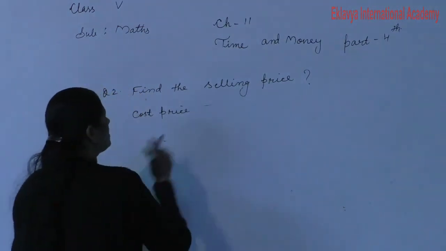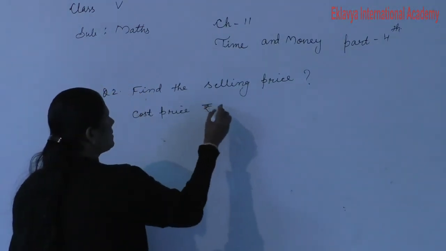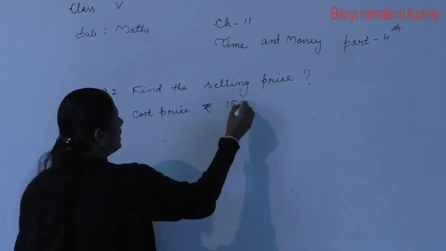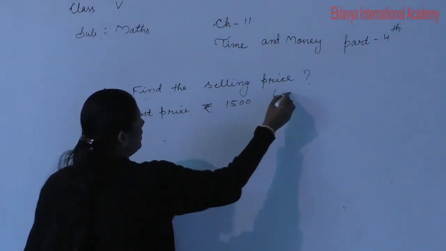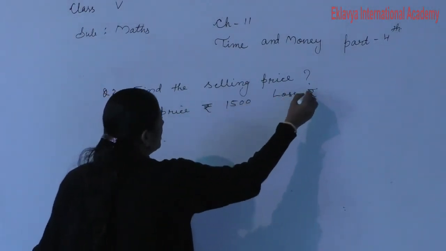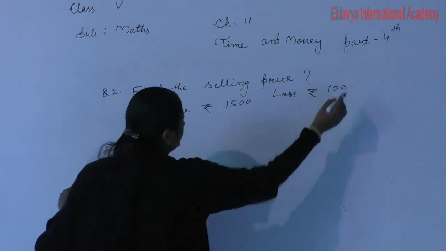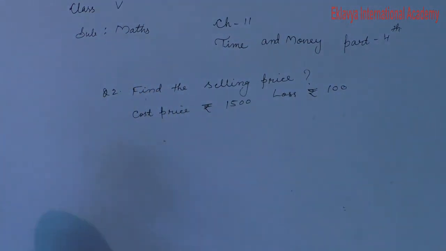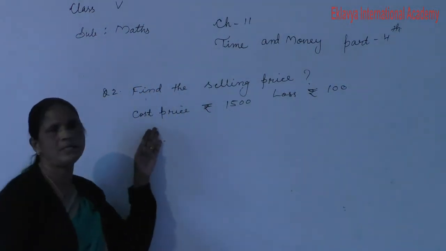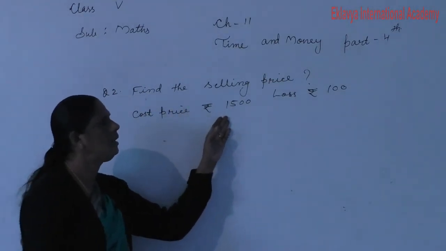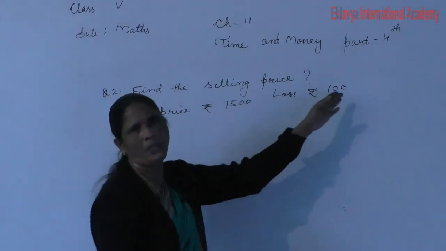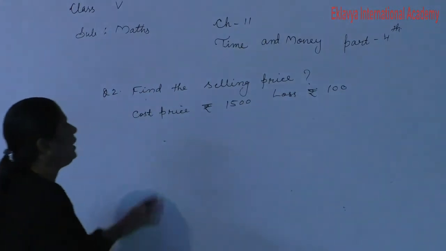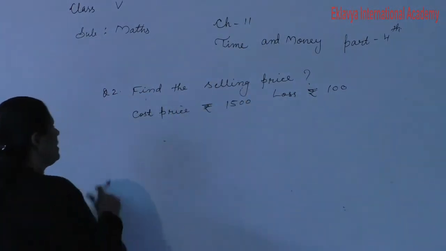Cost price rupees 1500. Loss is rupees 100. Here the question has changed. Cost price is 1500, loss is rupees 100. Then what do you find? Selling price.